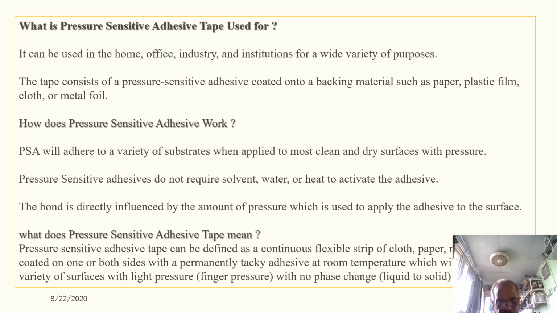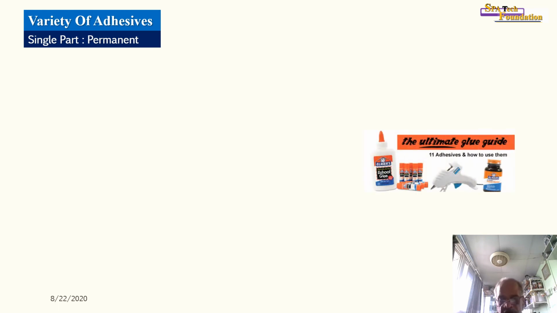It adheres to a variety of surfaces with light pressure like finger pressure, with no phase change, that is not changing from liquid to solid or any other change. Variety of adhesives, single part, permanent.